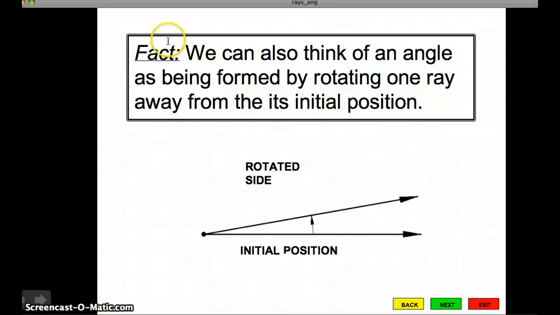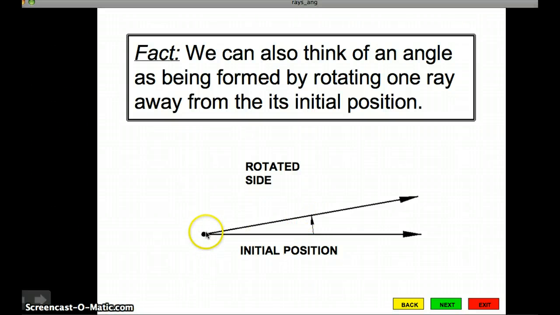Here it says, fact, we can also think of an angle as being formed by rotating one ray away from the initial position. So here's the initial position, this line, and you can rotate this ray to wherever you may wish. Here represents an acute angle because it is between 0 degrees and below 90 degrees.